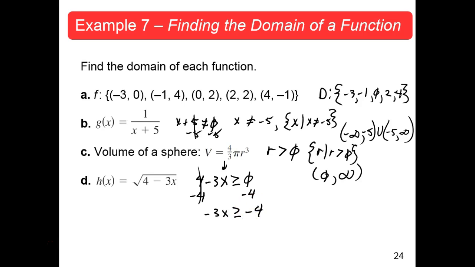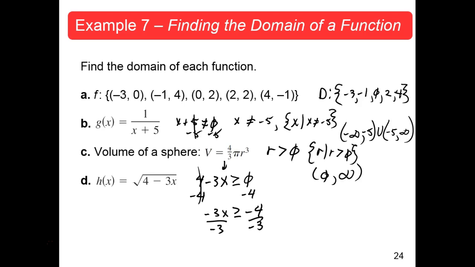Divide both sides of the inequality by negative 3. Time out. When you multiply or divide a directional inequality, that's greater than, less than, greater than or equal to, less than or equal to, by a positive number, you do not change the direction of your inequality.